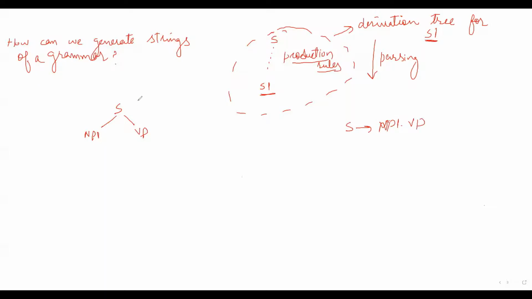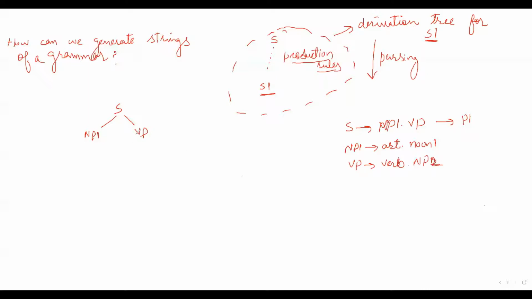So from this S, I used this production rule 1, and for this S, I have written noun phrase 1 and verb phrase. Then there were other rules. For example, noun phrase 1 can be written as article and noun 1, and verb phrase can be written as verb dot noun phrase 1, noun phrase 2.